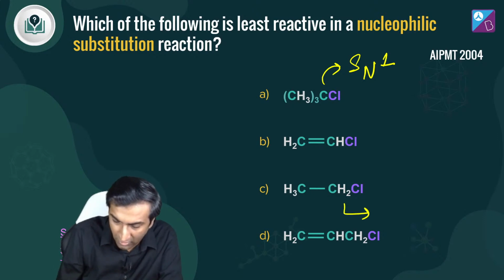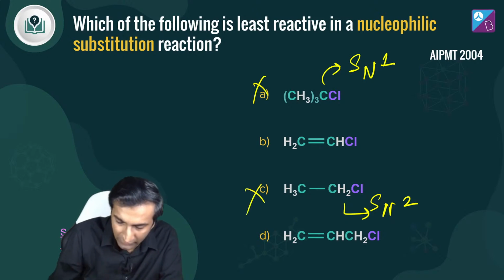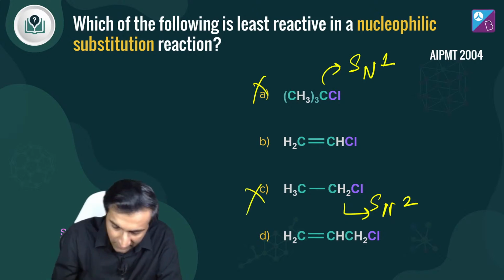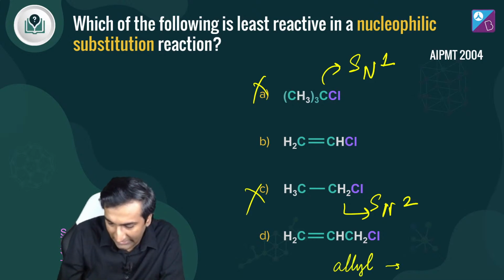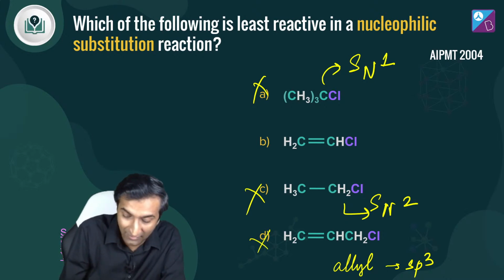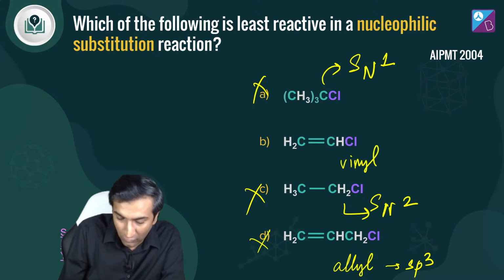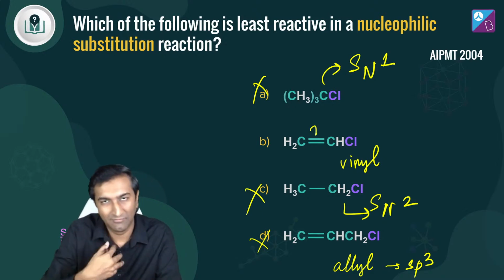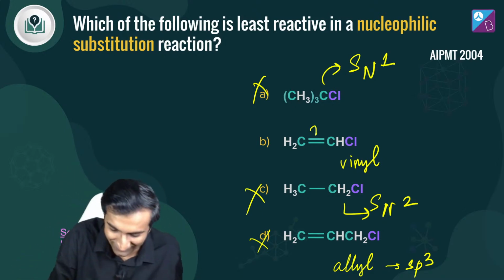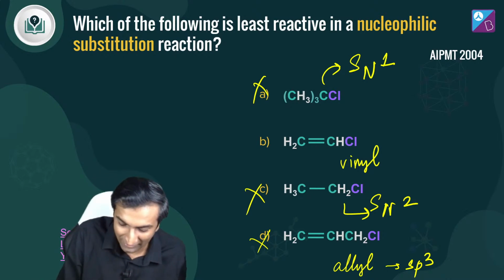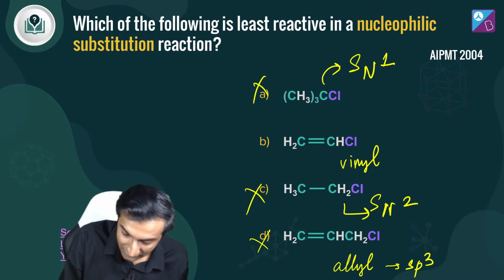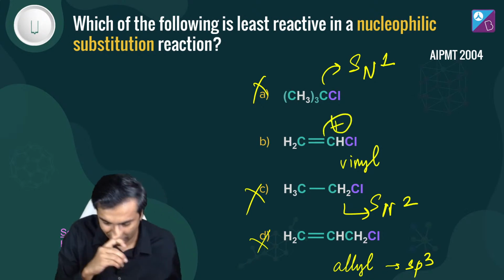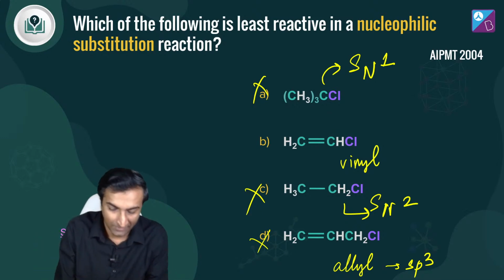And this one is good for SN2, है ना? तो ये दोनों आंसर नहीं होंगे। अब बिटवीन B एंड D क्या हो सकता है? ये है तुम्हारा अलाइल कार्बन, यानी कि sp3, तो ये फिर भी चल सकता है, मतलब this could still do, but this guy, ये तो भाई नहीं। What is wrong with you? इसमें डबल, not with you guys, मैं अपने, like I am talking to myself. You are great students, I can't ever think कि भाई ये हो सकता है। तो इसमें अगर there is a positive charge on this, that would be like all hell breaking loose. So that's not going to happen. Hence this is your answer.